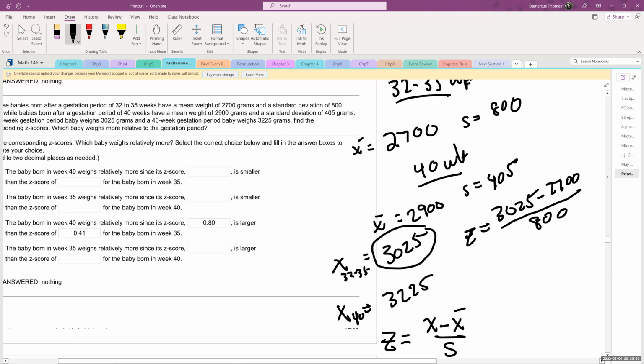How much bigger based on the standard deviation? That's the question. This number is also bigger than the mean. So we need to compute this value. Probably the best way to do that is using a calculator.